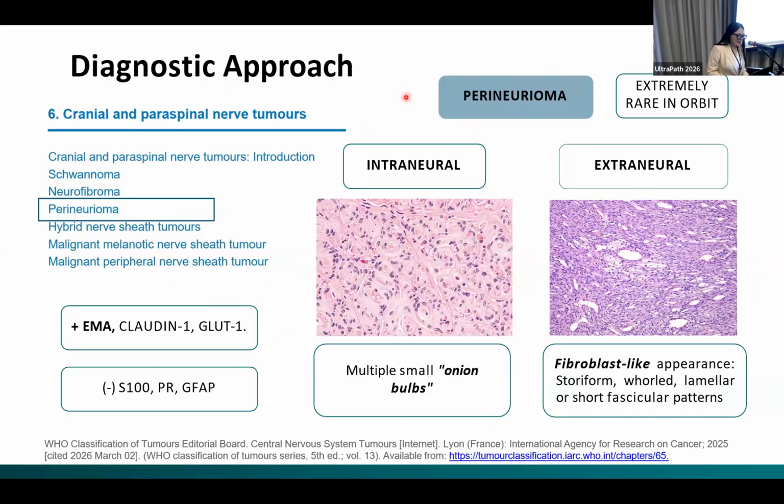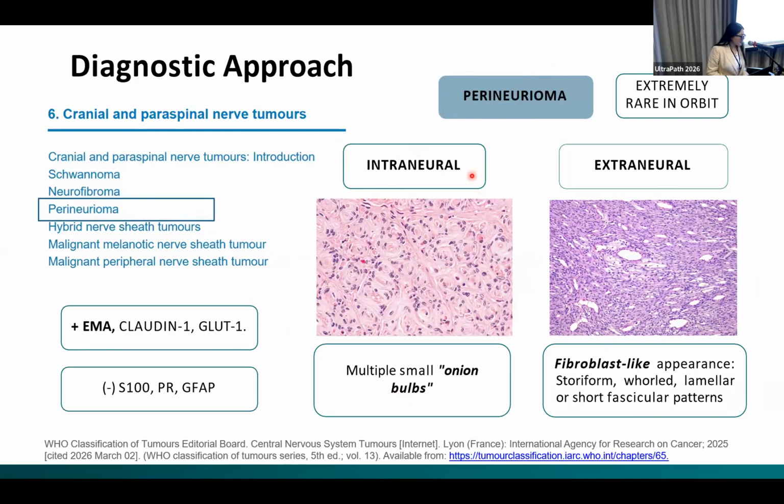Another possibility is a perineurioma. Actually, it's extremely rare in the orbit, but this lesion commonly affects the head and neck area, and it can maybe affect these adjacent tissues.